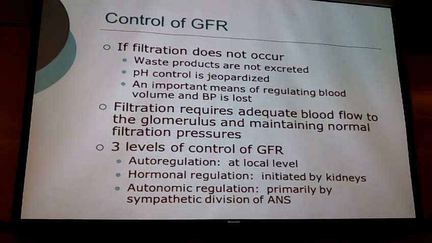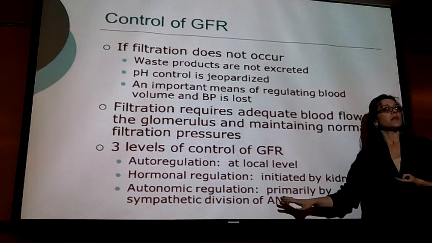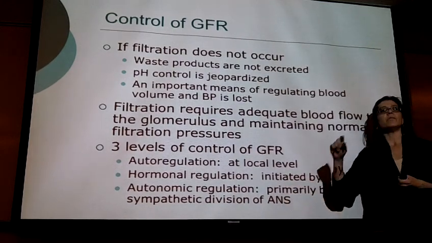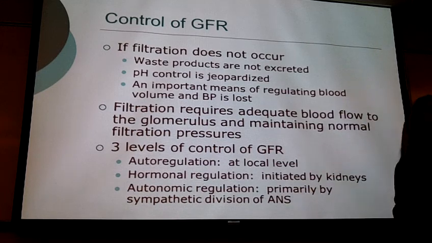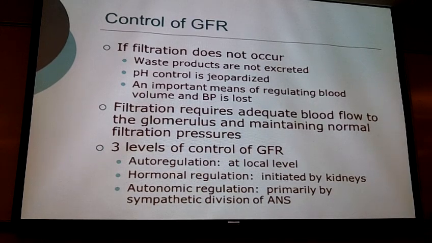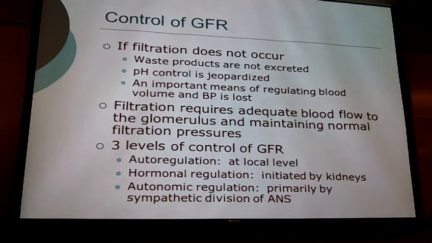And then the nervous system can play a role, but hormones and the nervous system are not going to be the first go-to scenarios, like we saw with regulating blood pressure throughout the whole body, or regulating oxygen levels throughout the whole body. The kidneys will do most of it themselves at the local level.